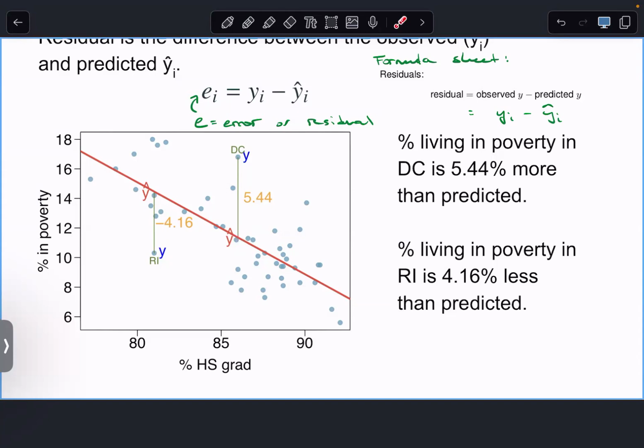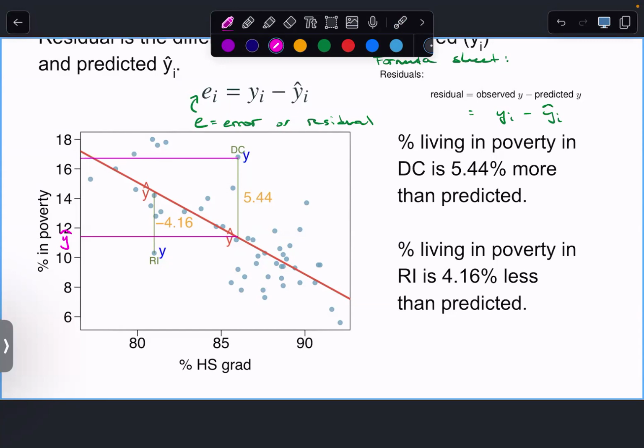Here, if I trace this over, this is my y hat versus my y. My residual is the y minus y hat.